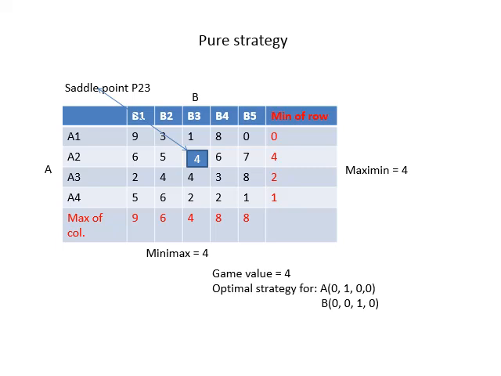Given 4 strategies for player A and 5 strategies for player B: A1, A2, A3, A4 for player A and B1, B2, B3, B4, B5 for player B. Now we are going to check for the saddle point using the principle of minimax and maximin.